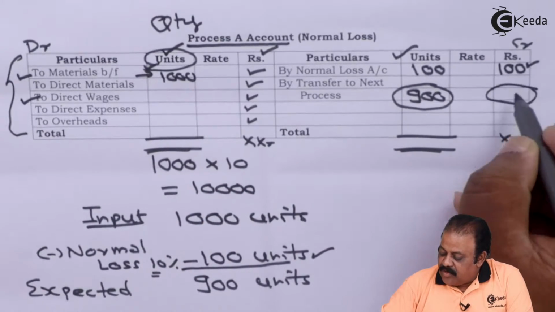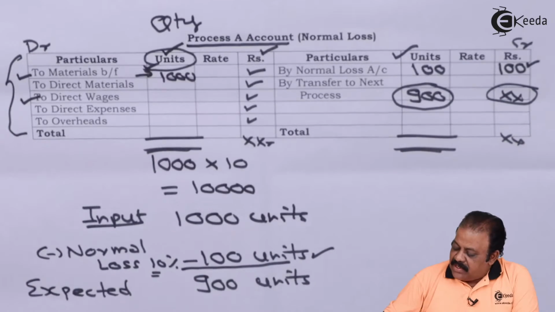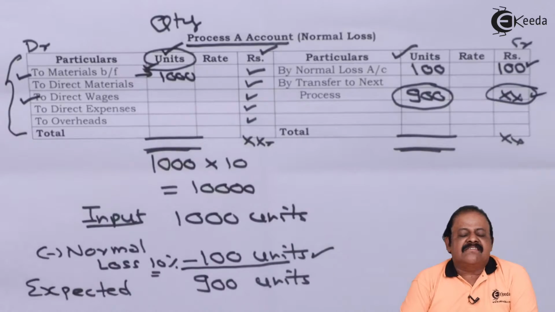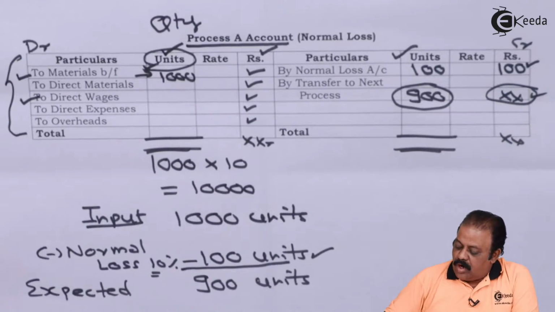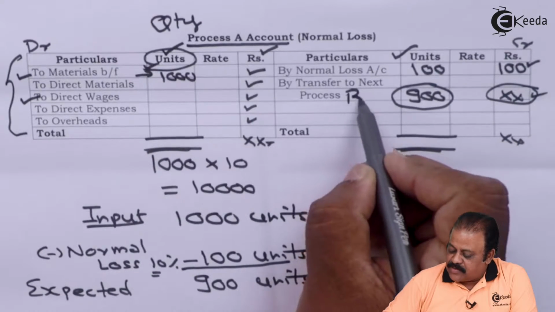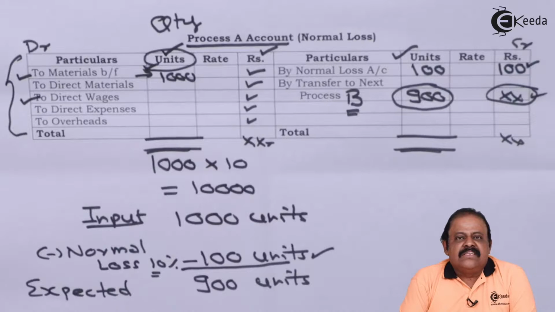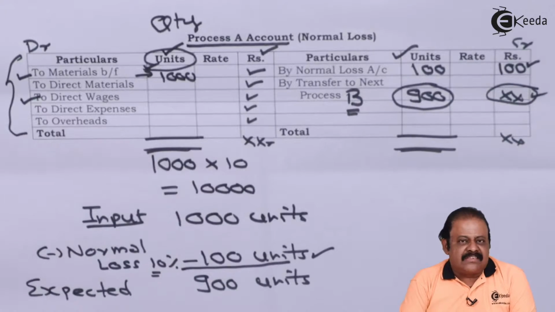The balancing figure on the credit side in the rupees column indicates the value of output. What we have written here is 'by transfer to next process'. Suppose the next process is B process. So this output will be transferred to the next process. This is how a process account is usually prepared and normal loss is recorded.